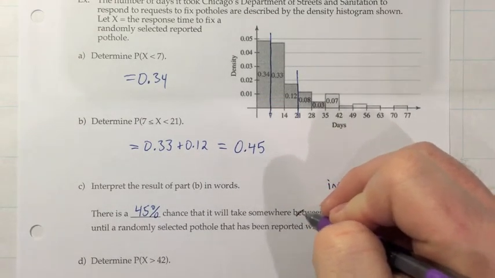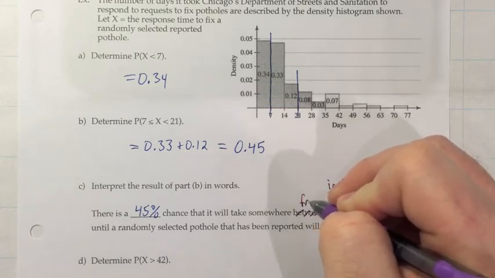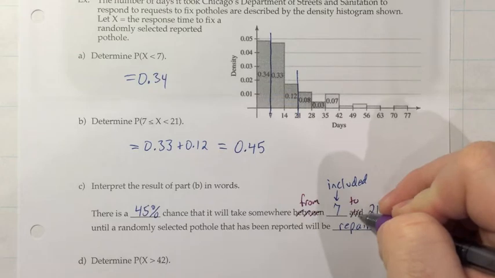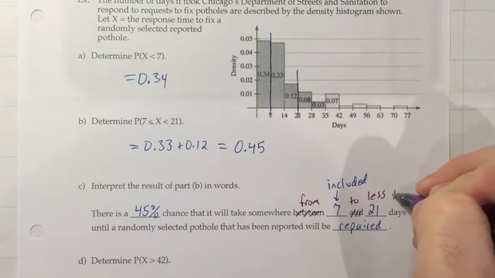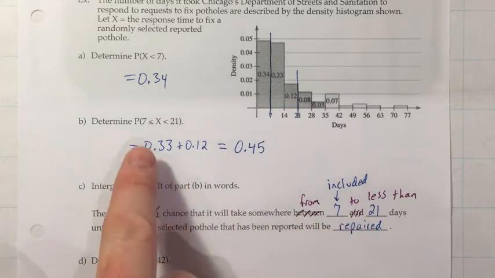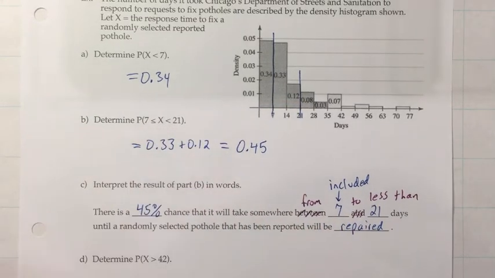It'll be somewhere from 7 to less than 21 days. I think that's a better fit for the symbols. The words that I had there, between 7 and 21, those words are not inclusive. That would have been great if there was 'less than' on both cases. So this is a little bit better.